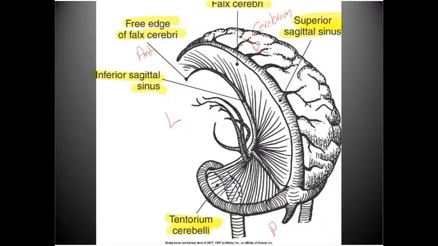As we can see, the falx cerebri is running in a sagittal direction from front to back. We also have the tentorium cerebelli, which is not demonstrated here very well, but we will see that in future images.